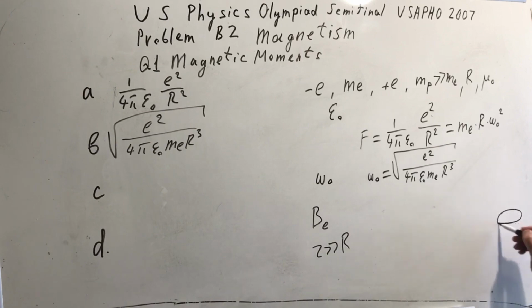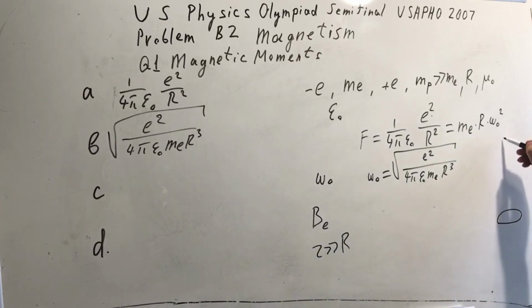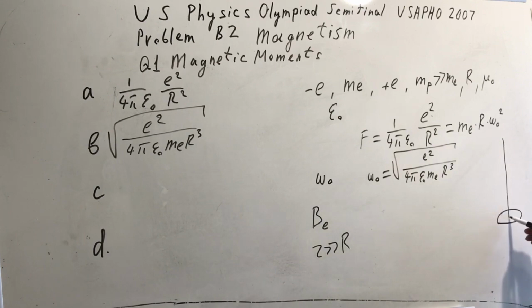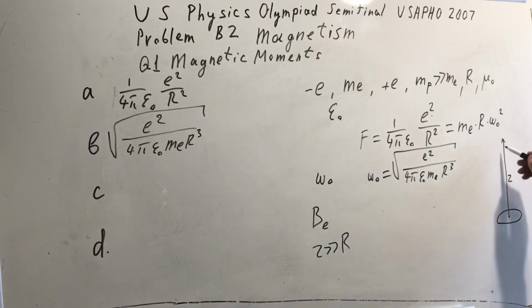So if this is the orbit of the electron, this is z in this direction, and we count this vector as r, the vector from the instantaneous position of the electron to our point where we measure this magnetic field.